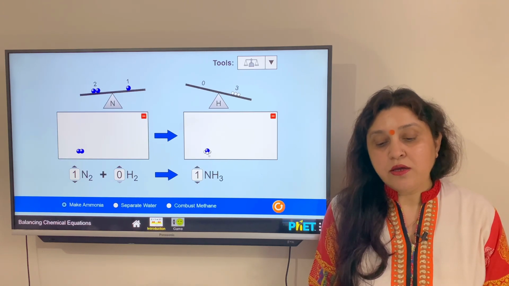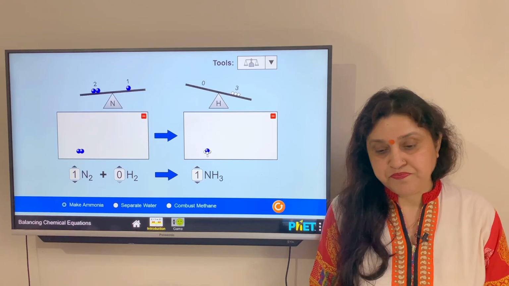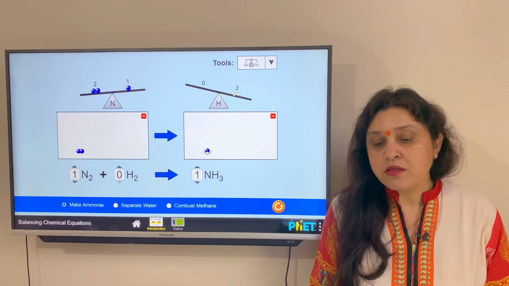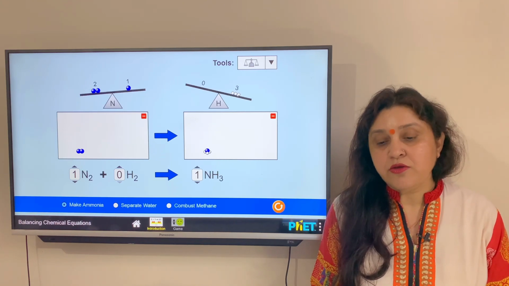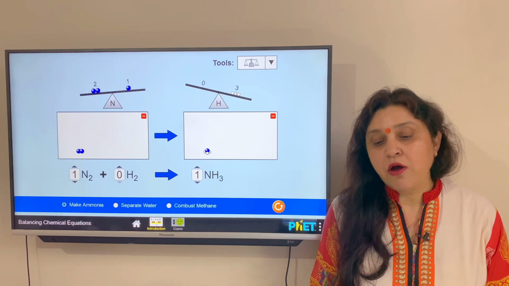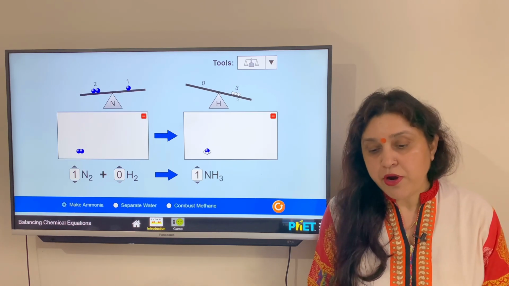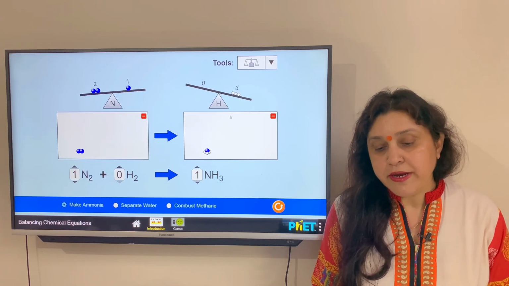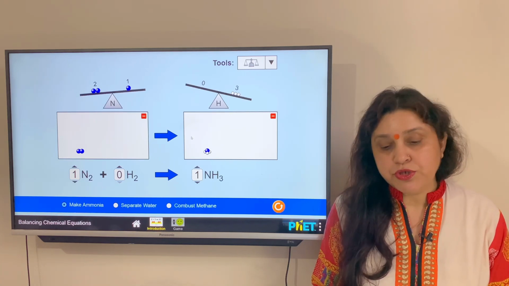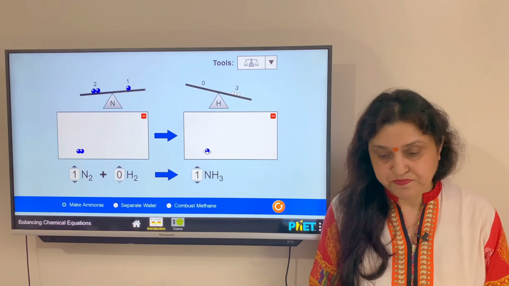So these are the 3 atoms of hydrogen. And when we see this balance, there are 3 balls, and these 3 balls show the 3 atoms of hydrogen. But for the time being, we will forget about hydrogen, because first of all we will balance nitrogen on both the sides.